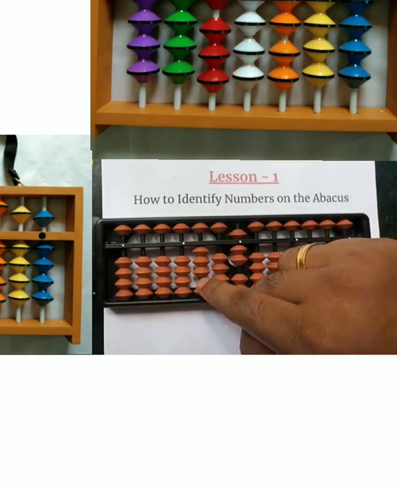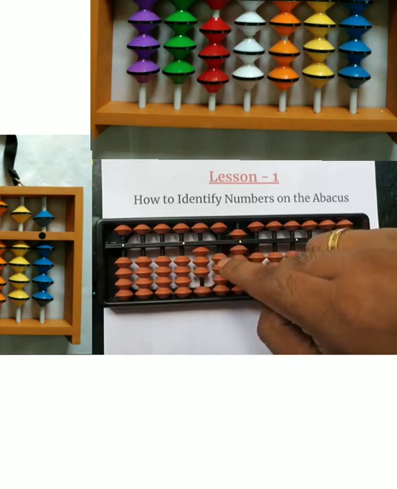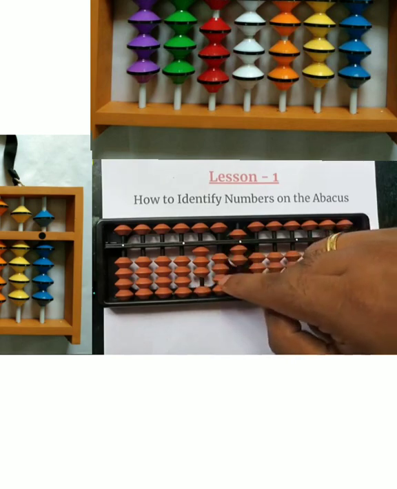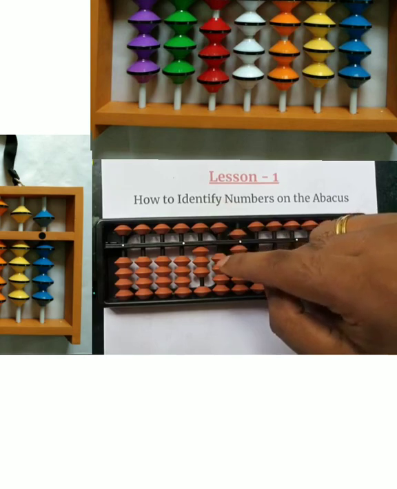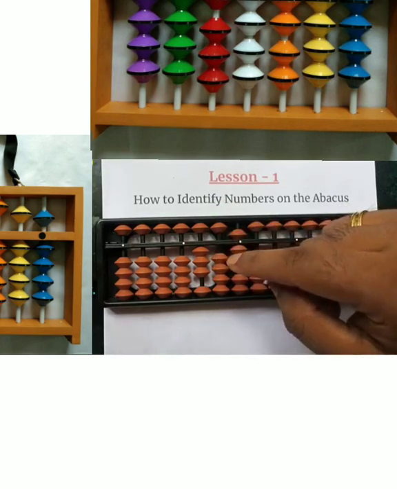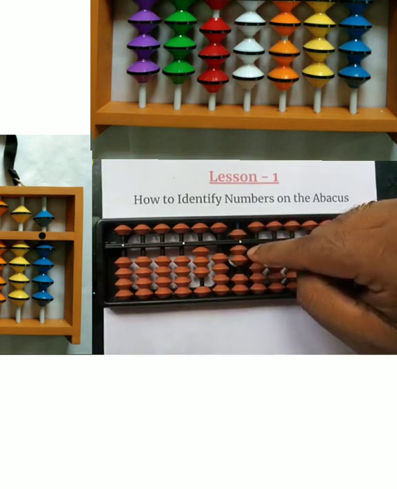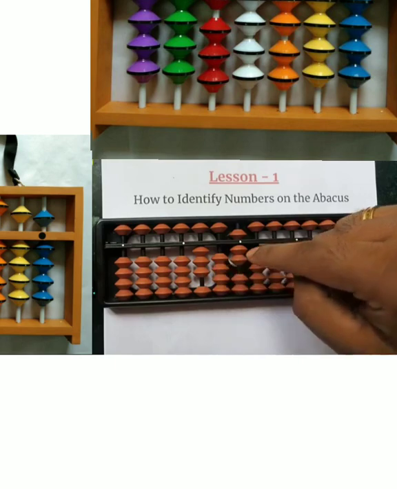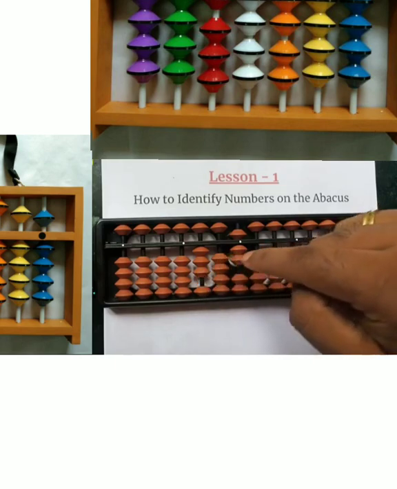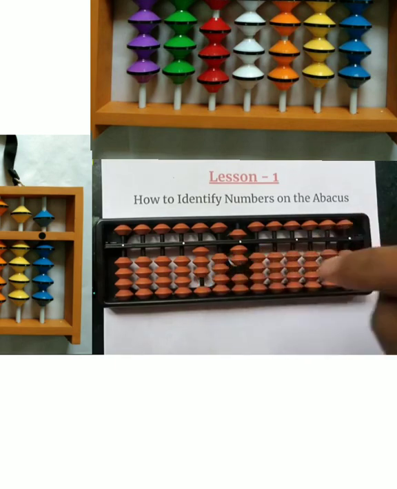Okay, this becomes 300. There is nothing on the tens place. I have not taken a single bead in use on the tens place, so there is 0 on the tens place. Whenever no bead is in use, it is 0 there. And then we have 7 on the units place. So this number that we have on the abacus is 307.